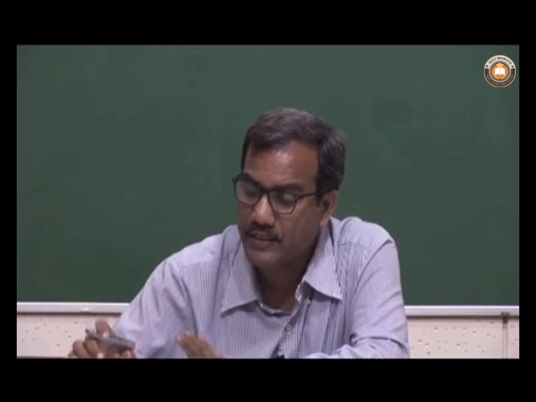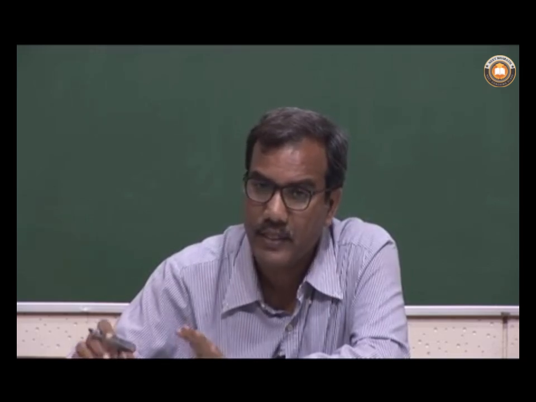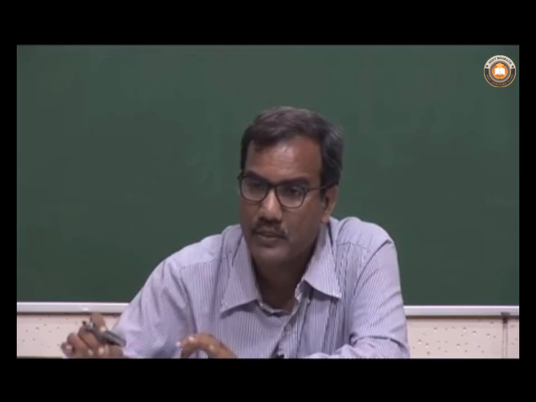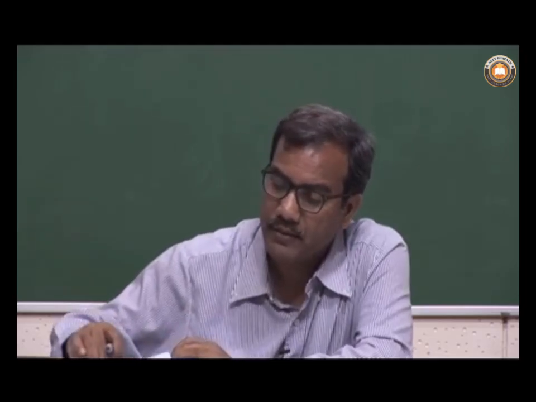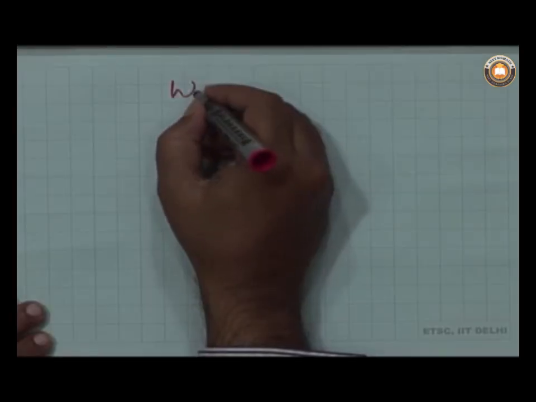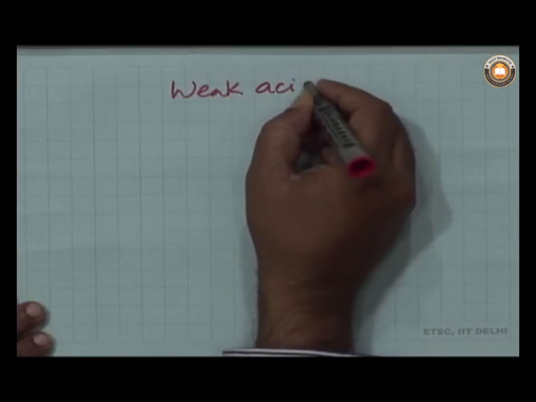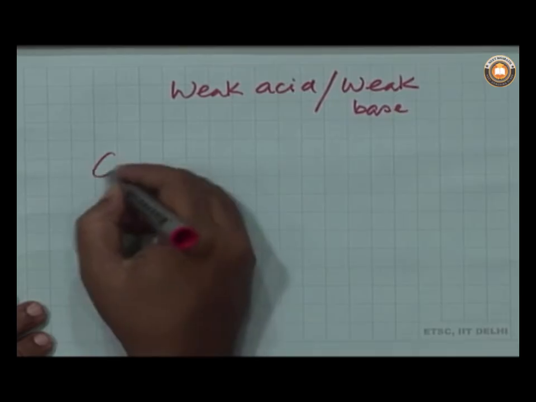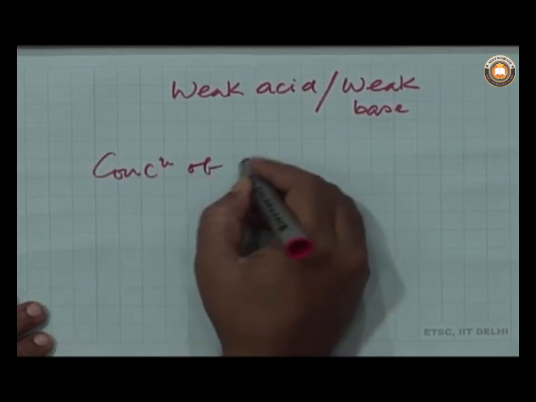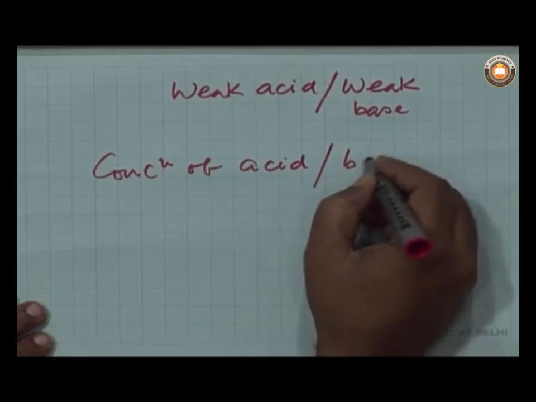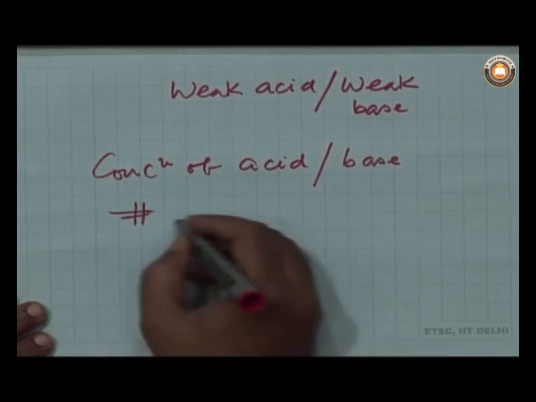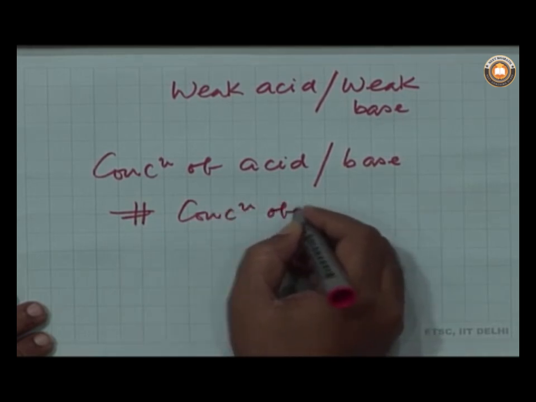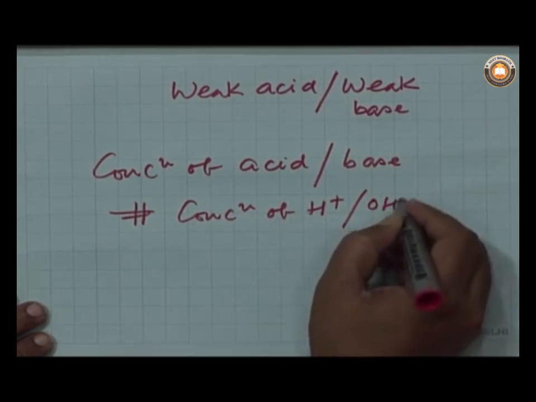So, in case of weak acid or weak base, the concentration of the acid or base is not equal to the concentration of H plus ion or OH minus ion.